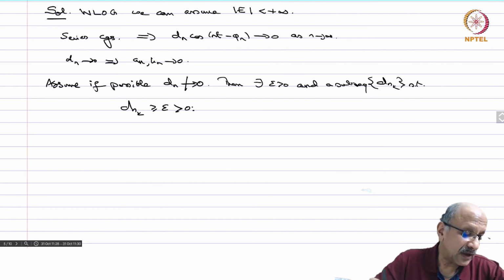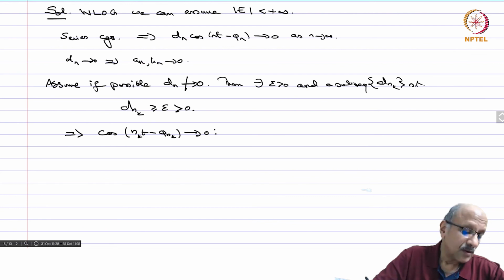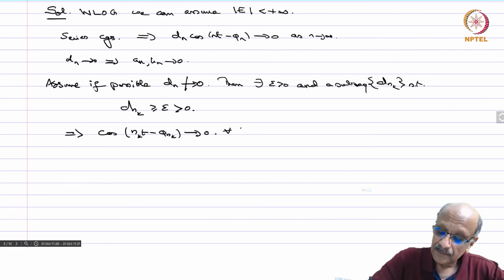So it stays away from 0. Now if dnk does not go to 0, the general term anyway goes to 0. So this implies that cos(nkt minus phi nk) has to go to 0 for all t in E.